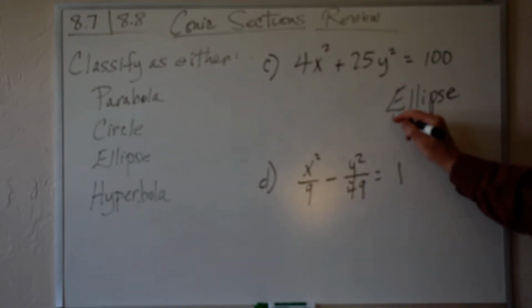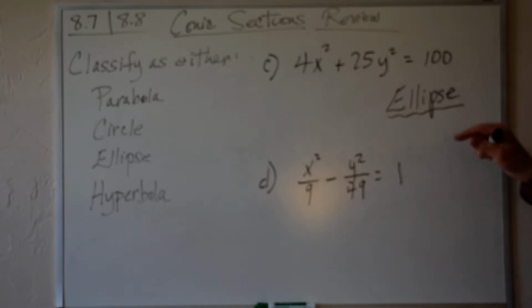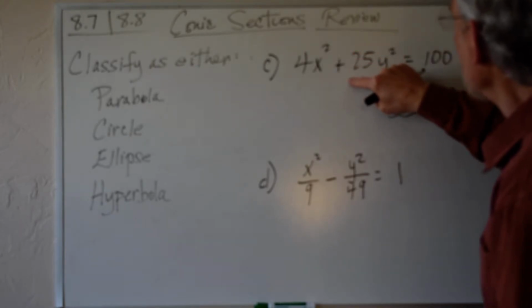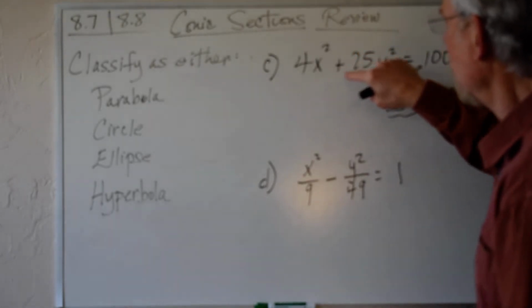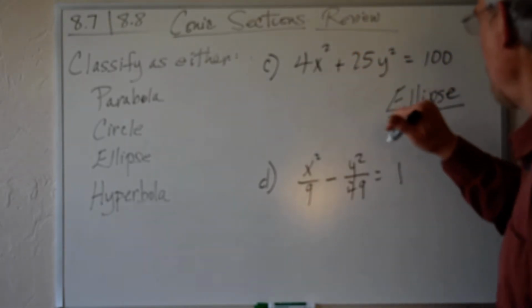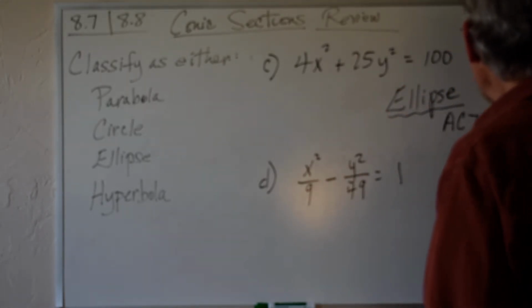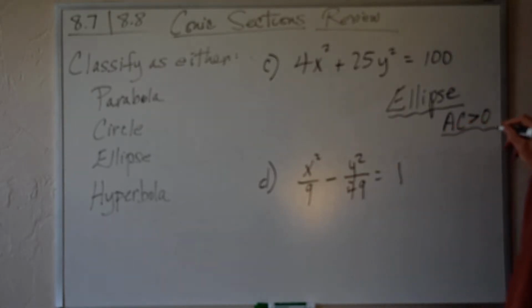Strictly speaking, you have to make sure that both these coefficients are either positive or negative if you're going to be adding them together. So it's an ellipse where a times c is greater than 0 in terms of our standard form of the equations for conic sections.